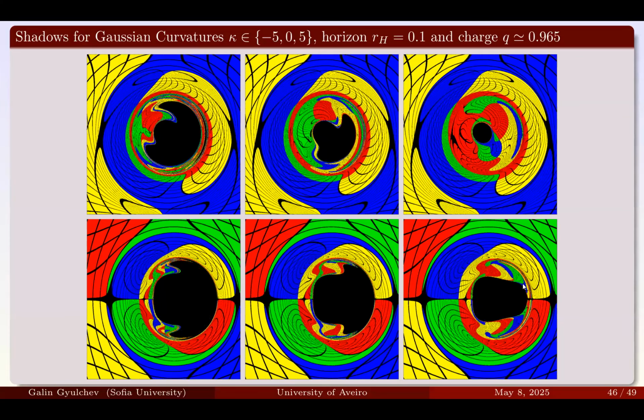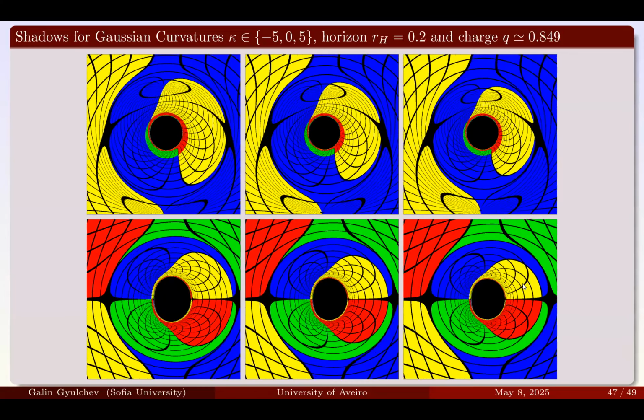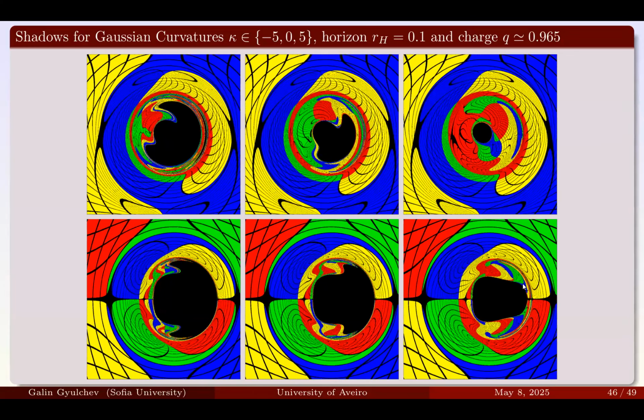Okay. After that, when again we continue to decrease the charge, we obtain this other variety of shadows. So the shadows again were divided into different distributed.